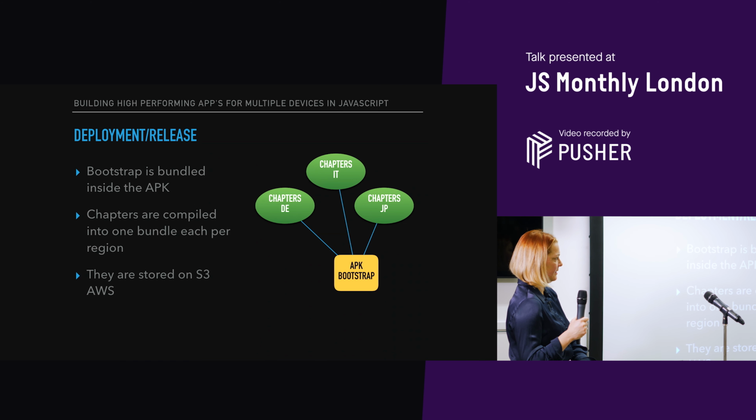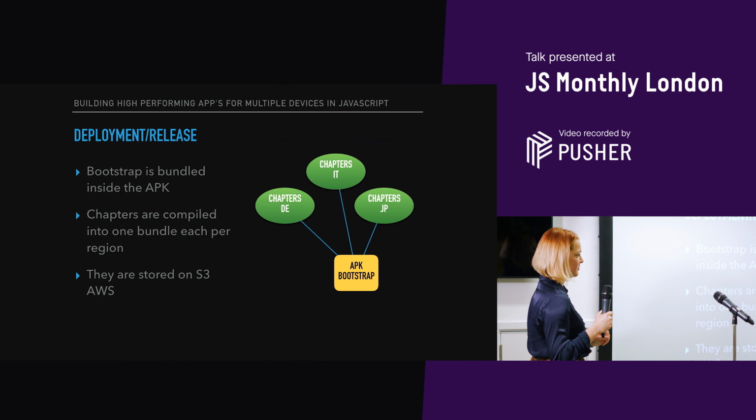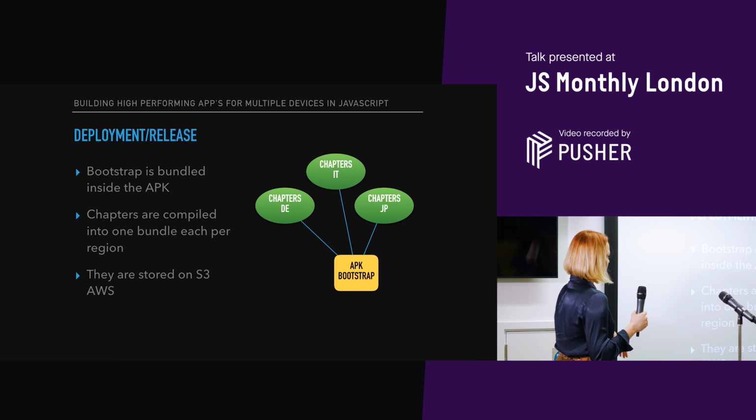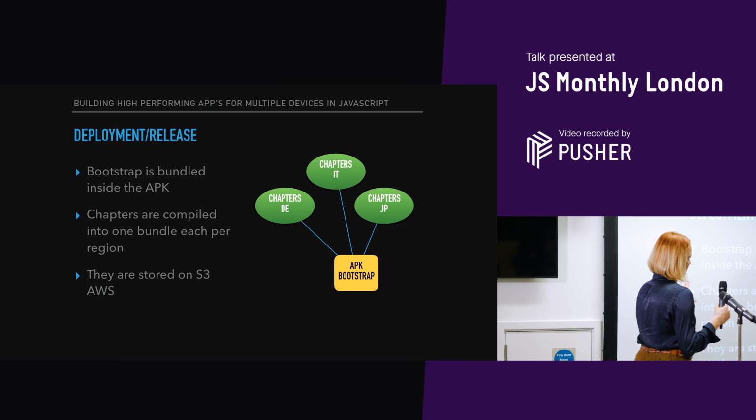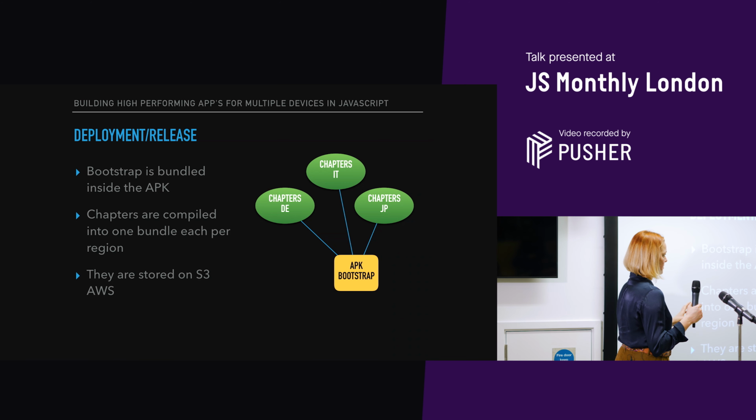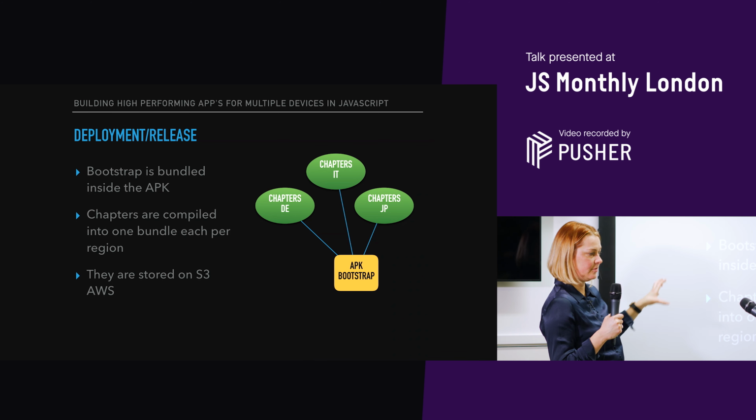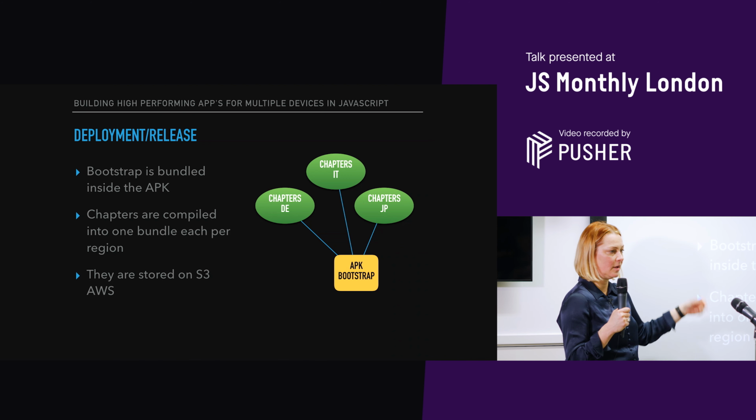I put the slide in here just to be a little bit more clear how we are doing things and how we are actually releasing and deploying our app with the chapters and Bootstrap. We can come back to this later. When we create our APK, the package that is going to be installed onto the device, all these chapters are actually living somewhere in the cloud, in our case on S3.